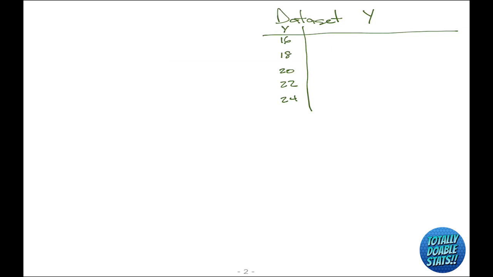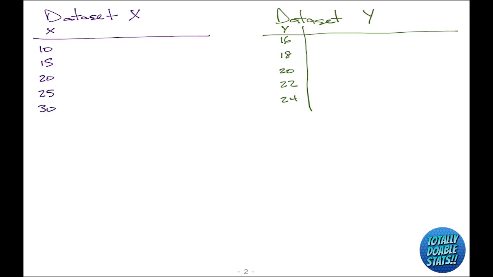And if I'm looking at data set X, well then my values were what? We had 10, 15, 20, 25, and 30. And for each of them, the mean was 20, right?